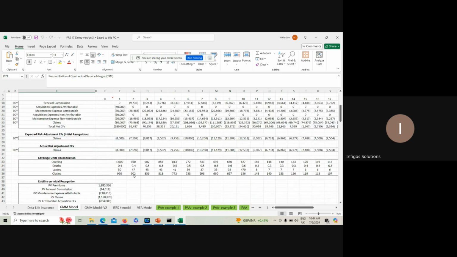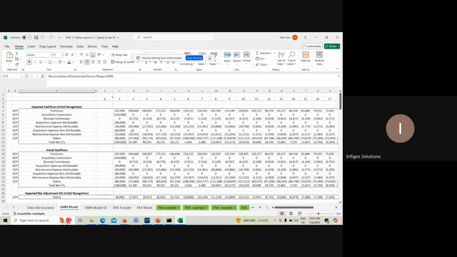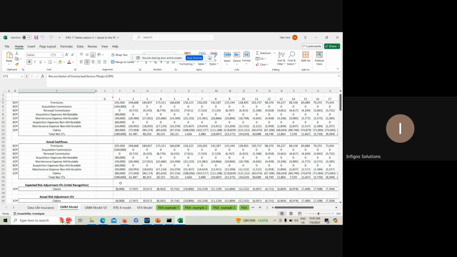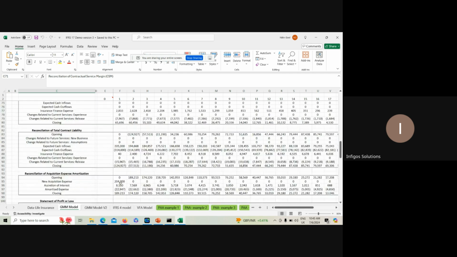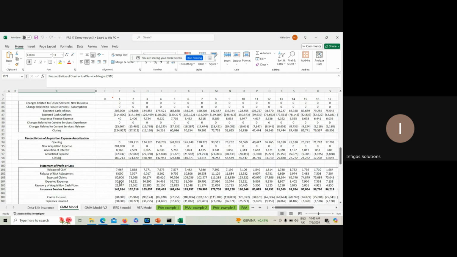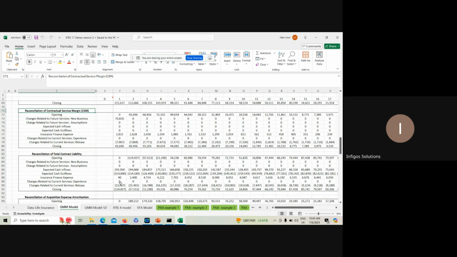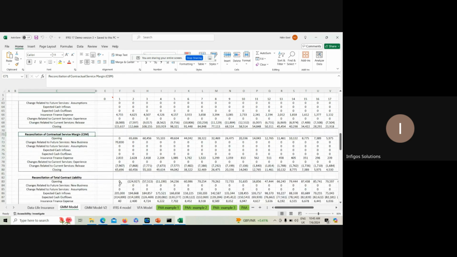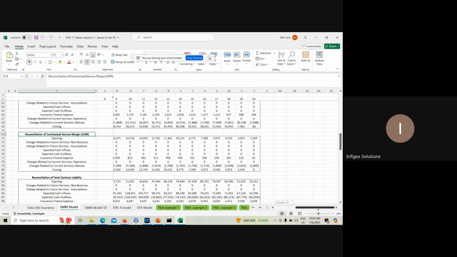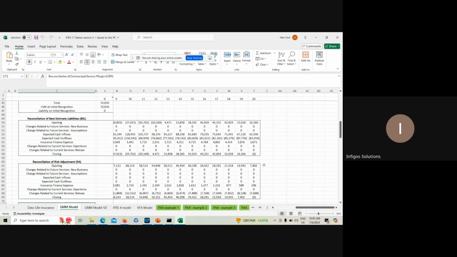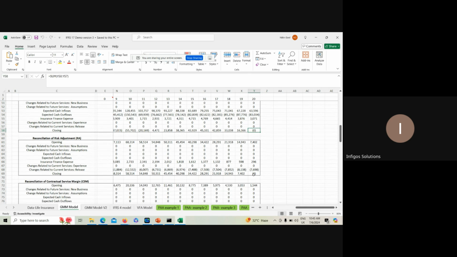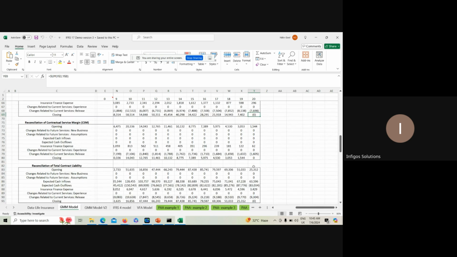And we use some values from the expected cash flow and acquisition cash, actual cash flow. So if you get it right, at the end of the day, your liability should become zero, your risk adjustment should become zero, and your CSM should become zero.